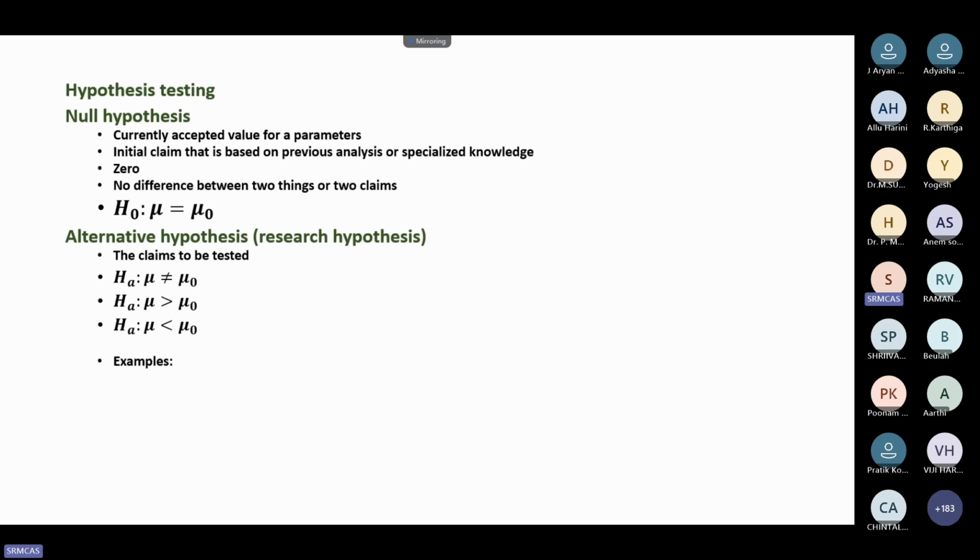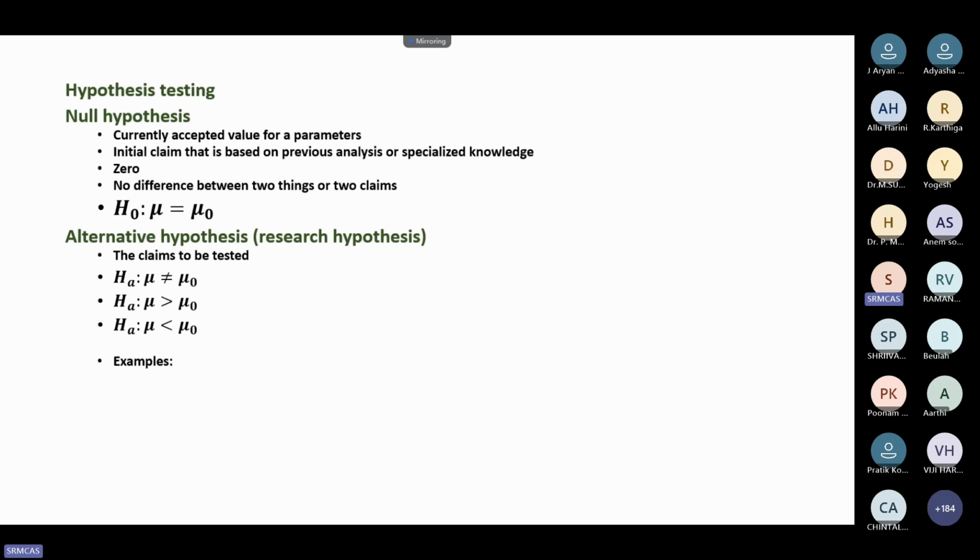If we say there is no improvement in the income due to the interventions, then that is stated as a null hypothesis. So the null hypothesis is usually the claim of the current situation. Null itself means zero, so there is no improvement, no difference between the existing and the new, due to the interventions.